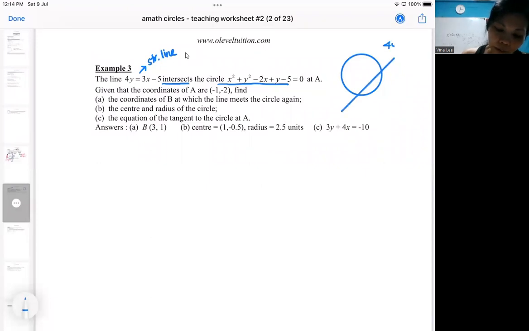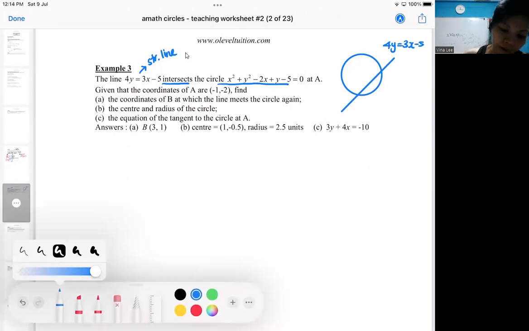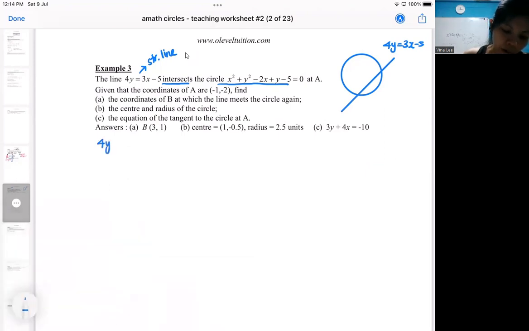So you will do your simultaneous by making X or Y the subject. So from here, right, you will make Y the subject. And you do a simultaneous with the circle.